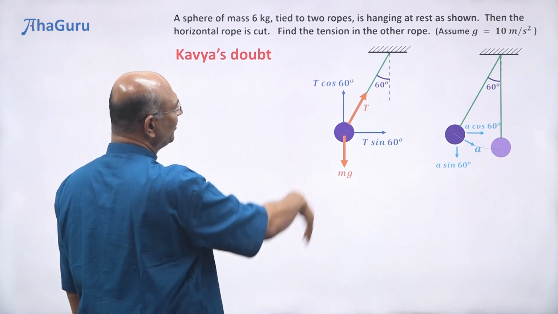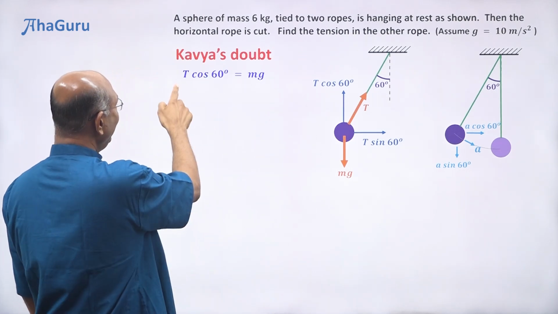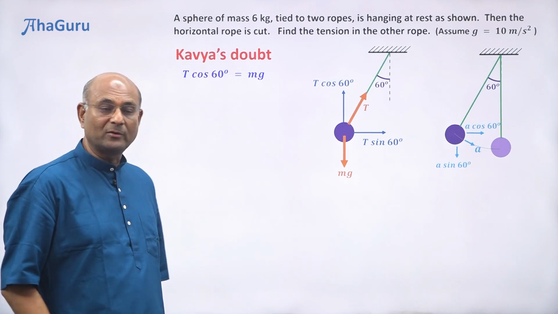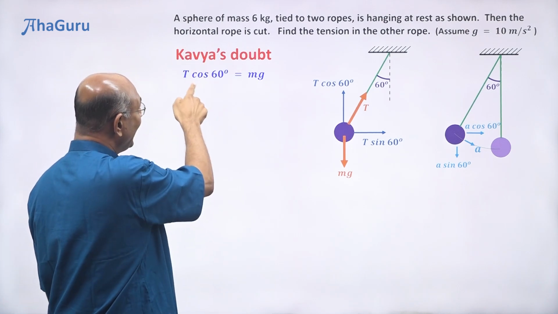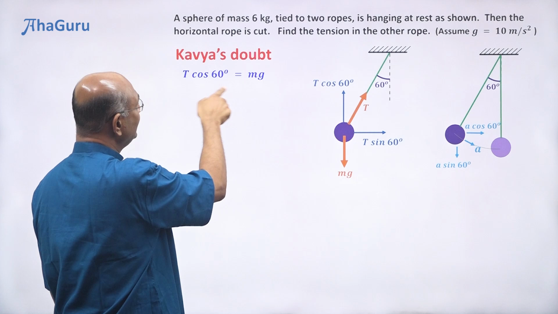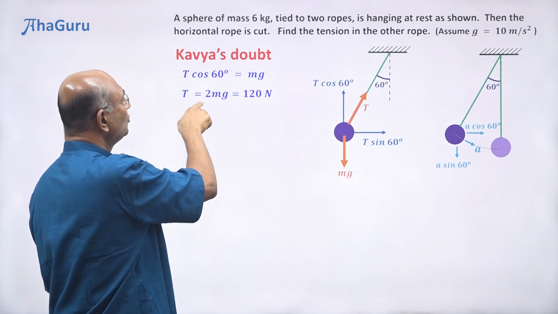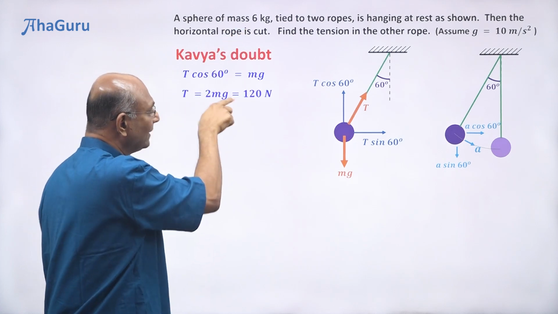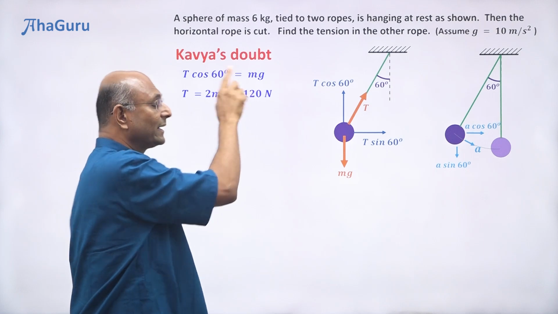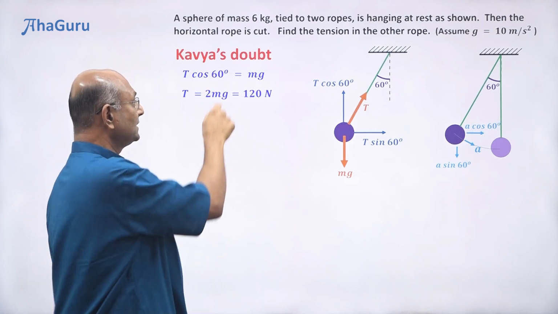Now the vertical components must cancel, and so she writes T cos 60 degrees is equal to mg. Cos 60 is half, so T by 2 is mg, T must be 2 mg, 2 into 6 into 10, that gives us 120 newtons. But this is wrong.